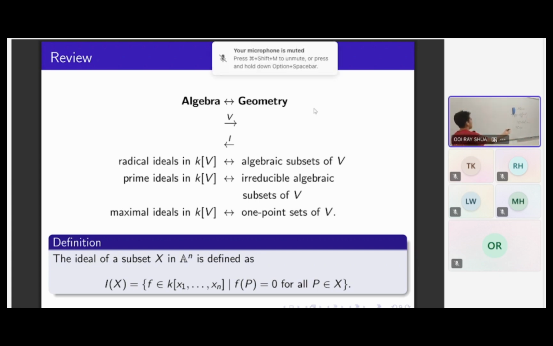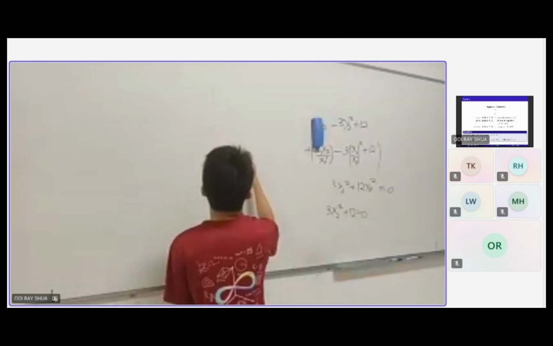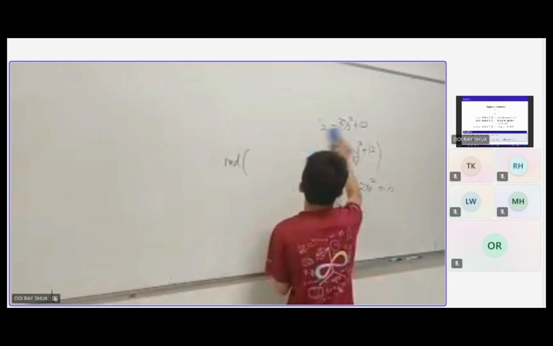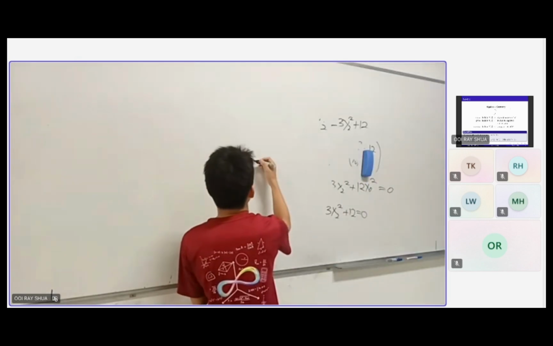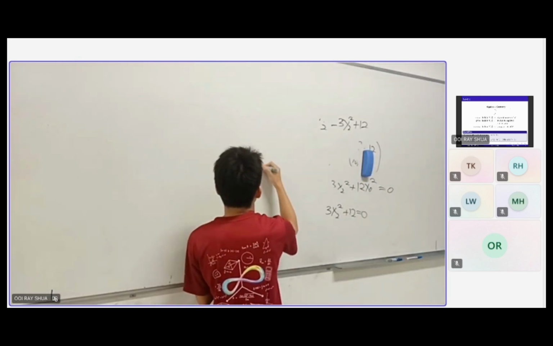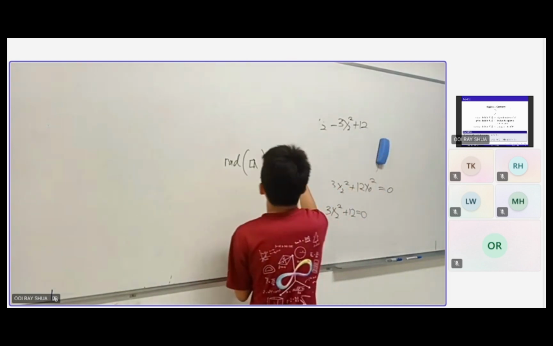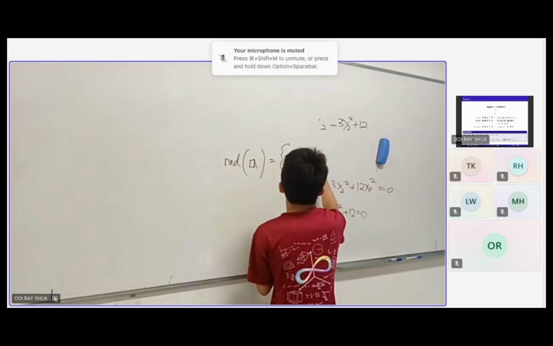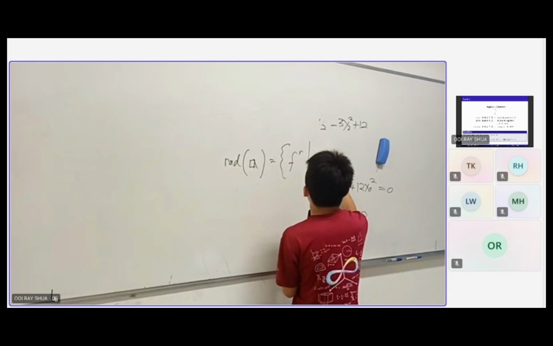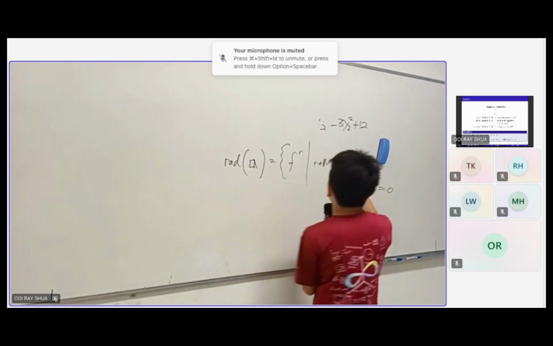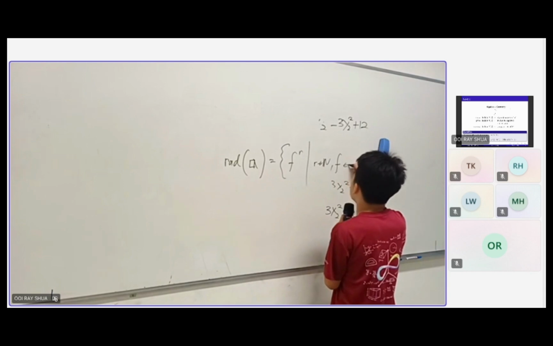Maybe we should talk about radicals, I probably forgot. So the radical of an ideal is given by f to the r, where r is in N, and all these f are from the ideal itself.